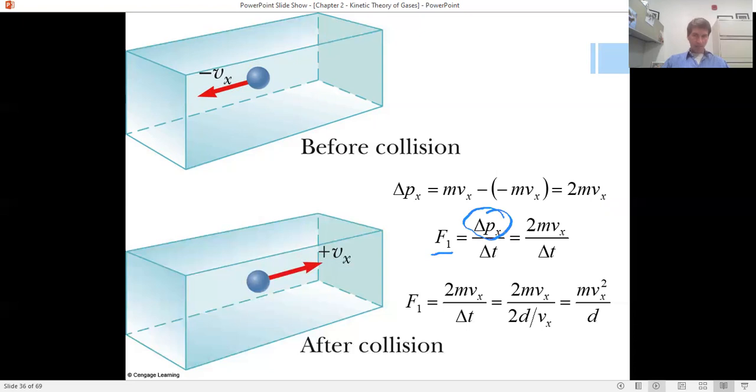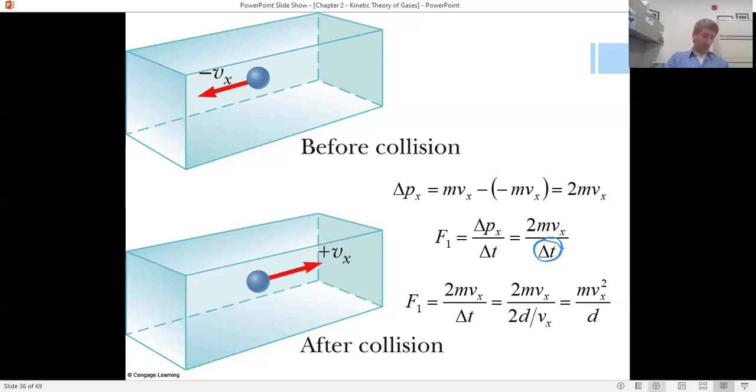And this is going to happen every round trip that the particle makes. So it's going to hit the wall, bounce off, and then come back after traveling a distance of 2d, okay? So delta t represents the round trip of this particle.